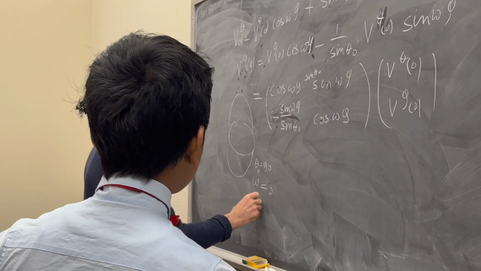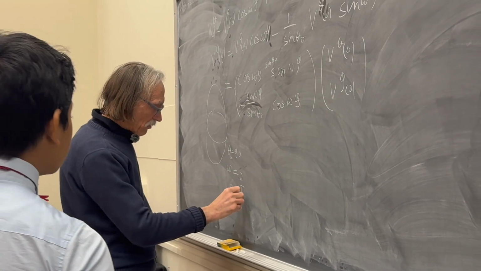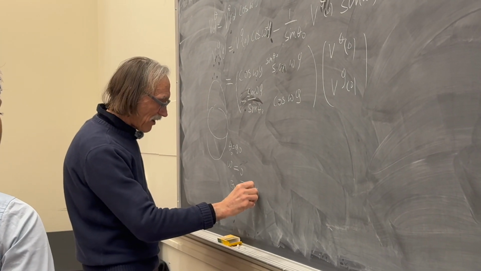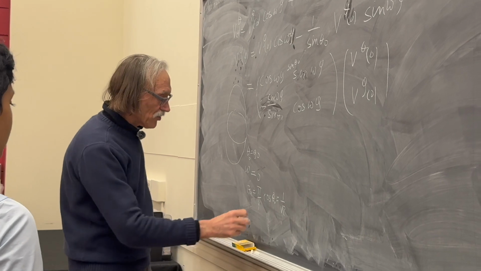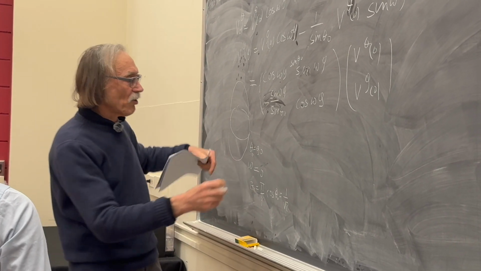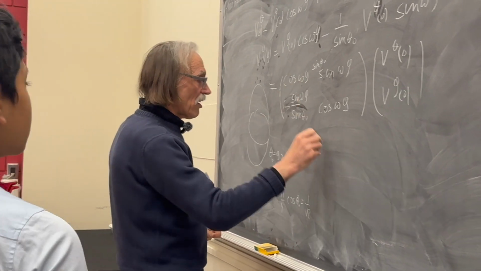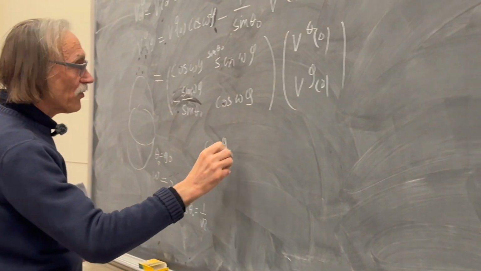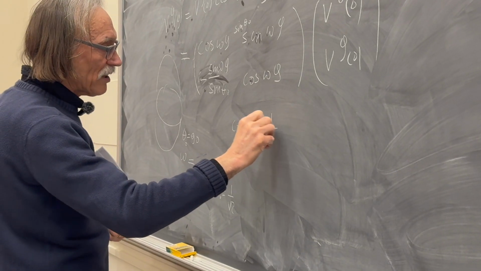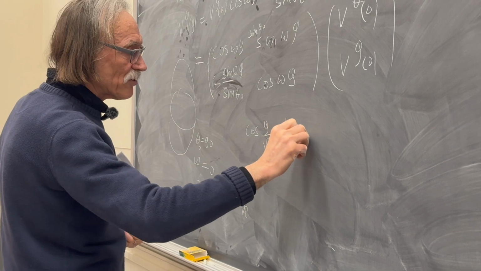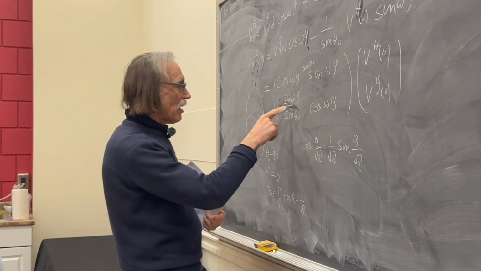Then when theta 0 is, say, pi over 4, cosine theta 0 is 1 over square root of 2, and there's also sine of theta 0. So what do we get here? We get cosine of phi divided by square root of 2, this becomes 1 over square root of 2 times the sine of phi divided by square root of 2.